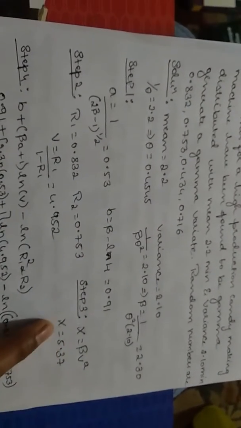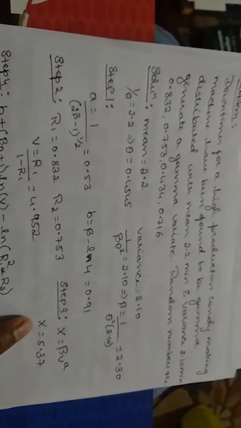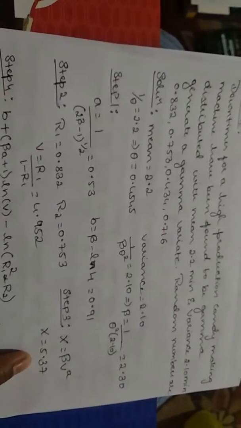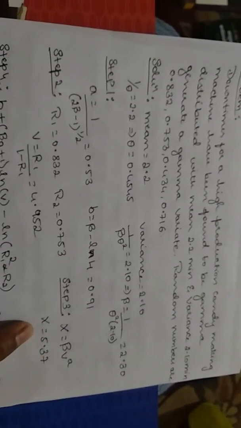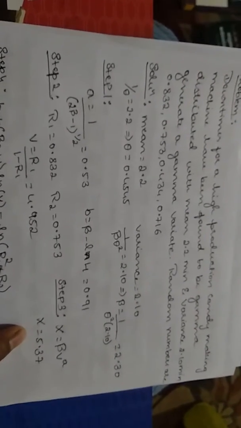Then you will get X value as 5.37. This is the gamma variate we have produced. But you have to check whether it is greater than your gamma function or less than it. Only then can you decide whether you have generated the gamma variate or not.